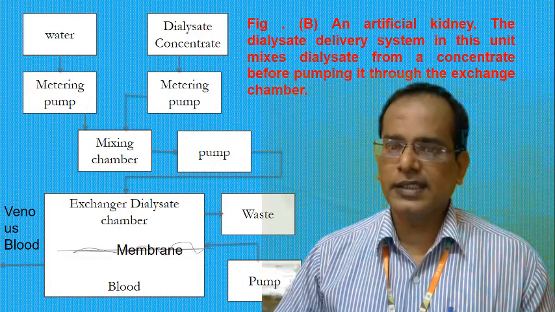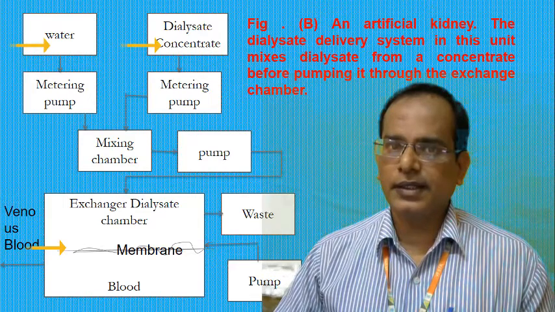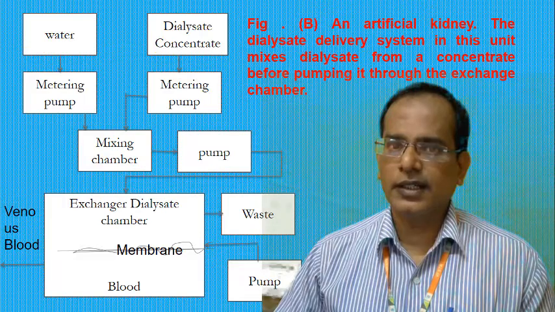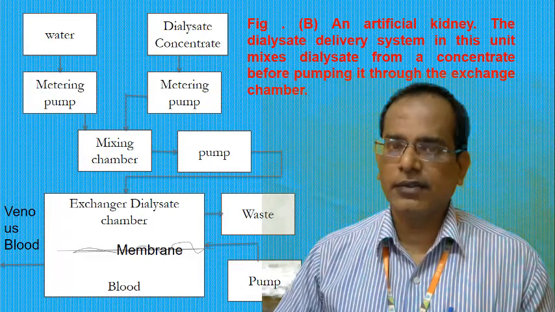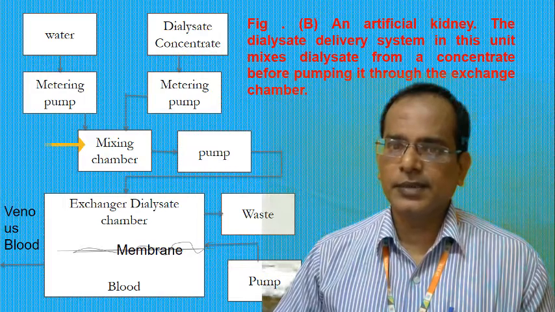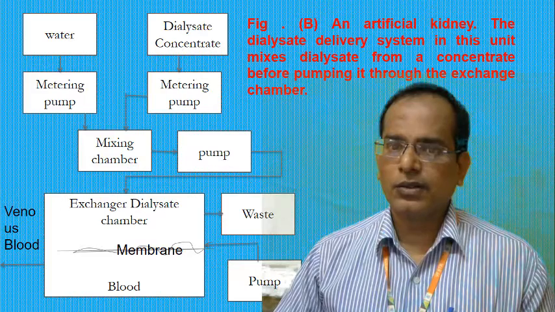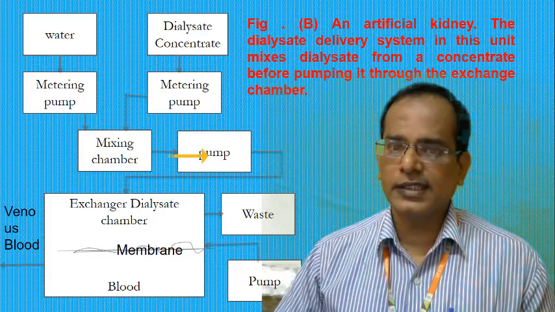This dialysate chamber consists of a membrane and also a mixture of water and dialysate concentrate. These are taken from a metering pump, with a limited amount of water and dialysate concentrate, and both are mixed with the help of a mixing chamber. These mixed water and dialysate concentrate are pumped towards the exchange dialysate chamber.